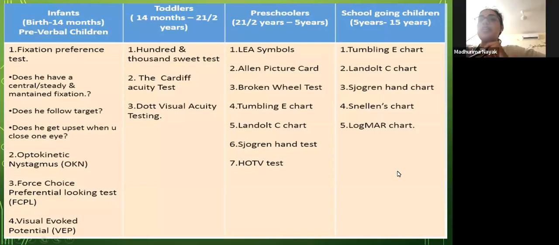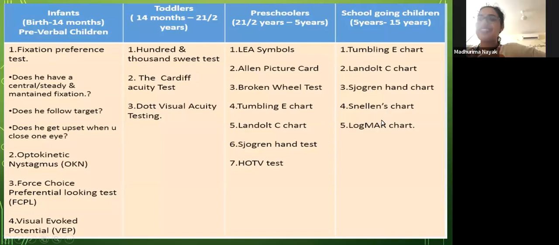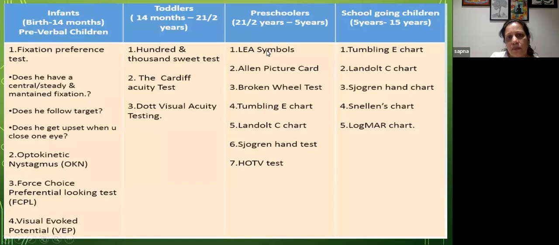Ma'am, in this table that you're showing, which tests do you think, as general ophthalmologists, we should be using more commonly? See, I myself don't have anything except this. HOTV is there, but I don't have any of these. None of them we have, neither at my bigger institute nor at my own setup.